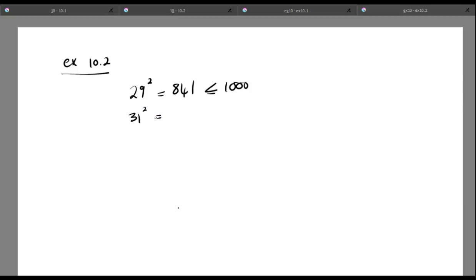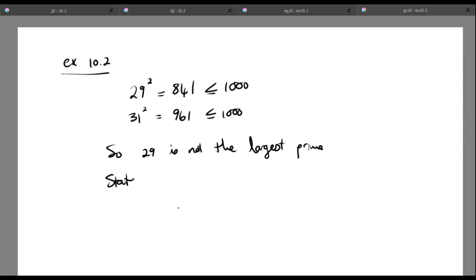And what is 31 squared? I'll give you a chance to calculate it. It is 961. But that's also less than 1,000. So 29 is not the largest prime number that satisfies this condition.